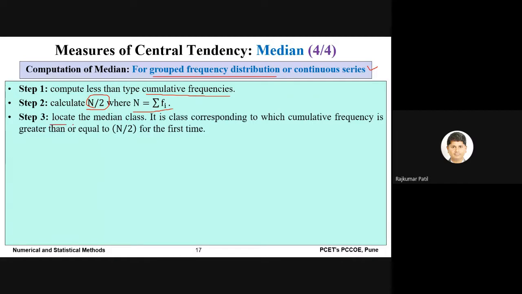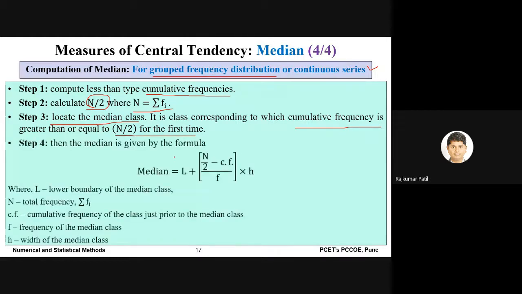Then locate the median class, which is the class corresponding to which the cumulative frequency is greater than or equal to n by 2 for the first time.